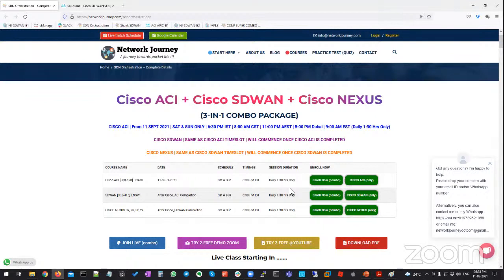Regarding SD-WAN, what is the prerequisite? I'm working in the enterprise domain. I have knowledge of routing protocols like OSPF, EIGRP, and BGP, and switching. That is the only requirement. MPLS knowledge is not needed, because if you work in an SD-WAN environment, you will not work on MPLS.